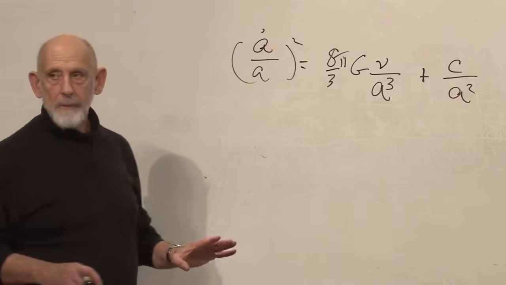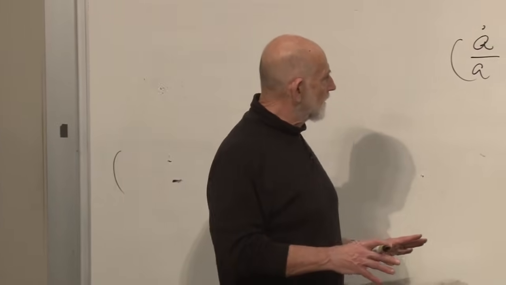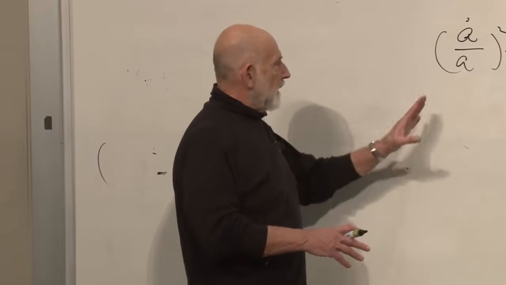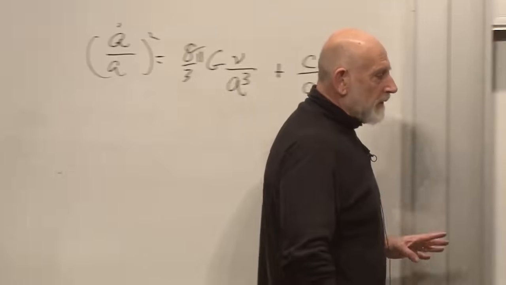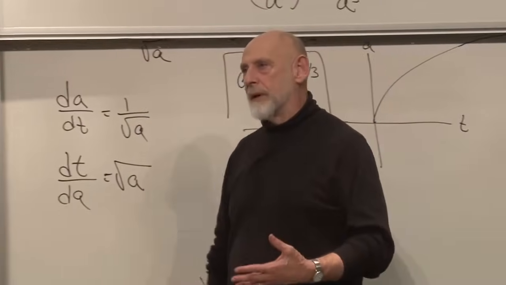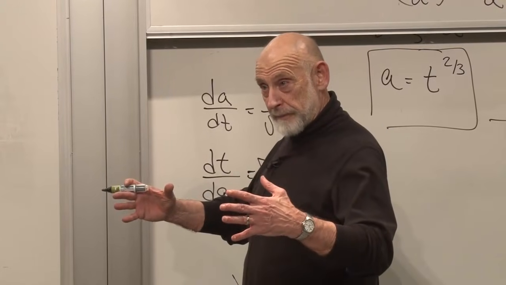Excuse me, why does a dot over a have to be positive? I mean, the square of it obviously has to be positive. Right. The square of it has to be positive. So let's assume that initially it is positive, that the universe starts out expanding.